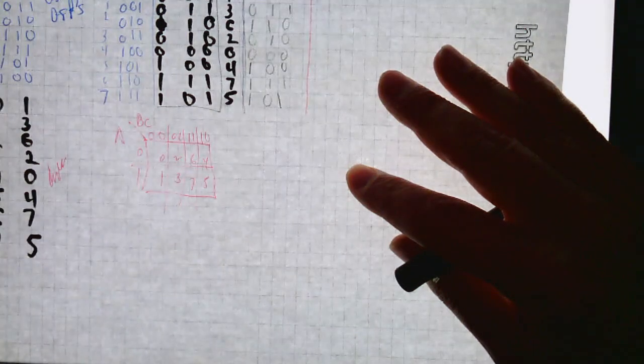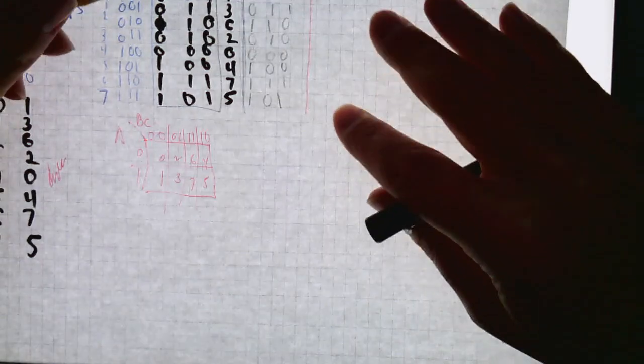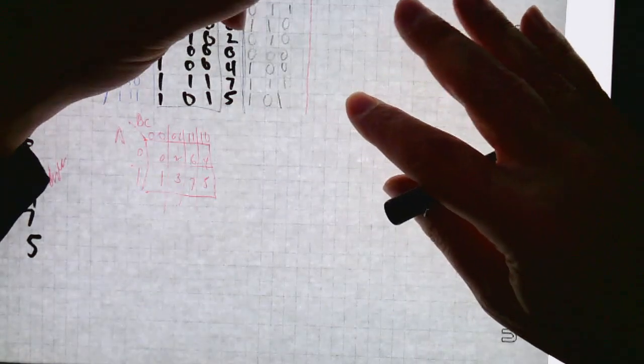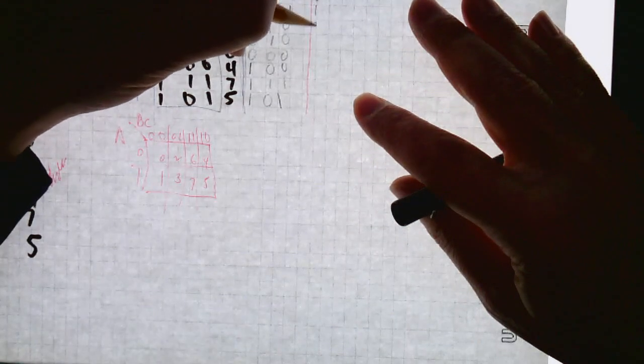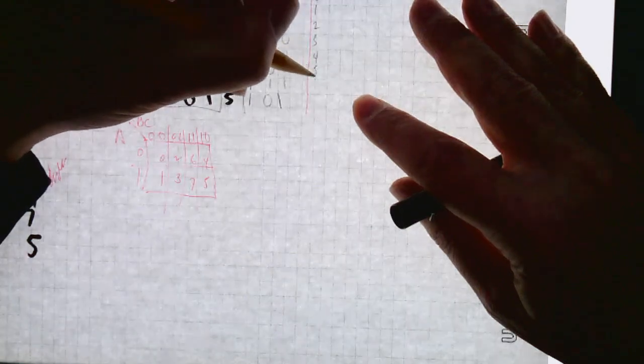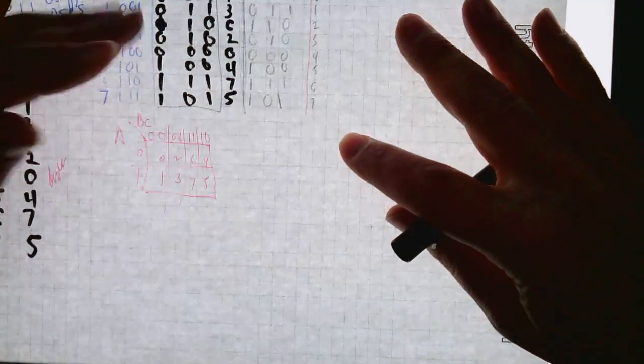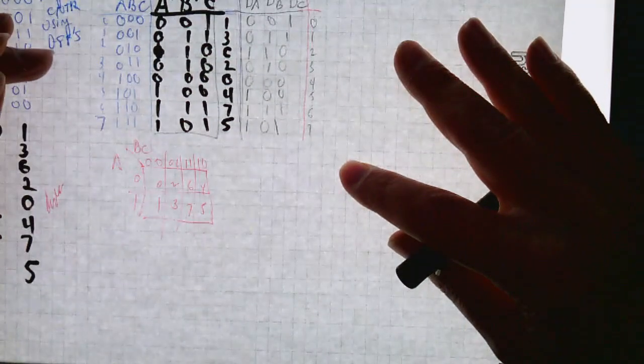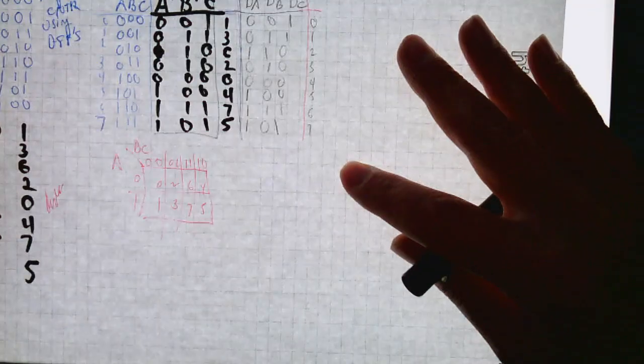That does not look nice. I'm going to go back to my little pencil here. And it's supposed to number the truth table 0, 1, 2, 3, 4, 5, 6, and 7. Go back to the marker. Okay.